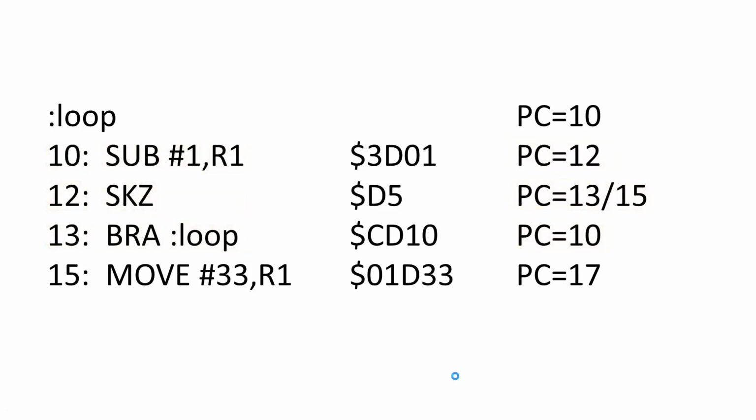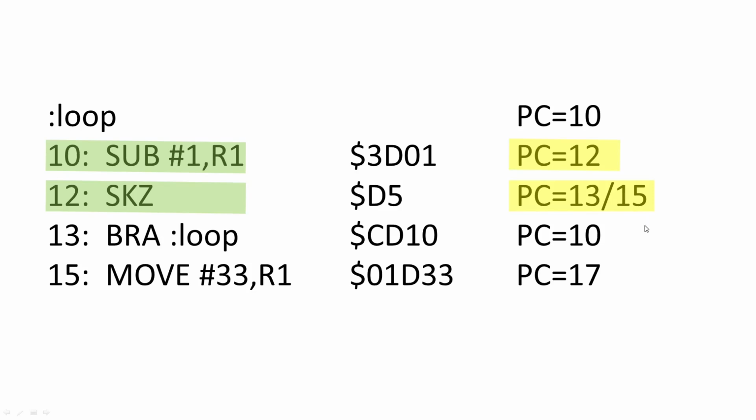So the second time we come round, we're doing the same again, but R1 only had 1 in it. So we're now subtracting 1 from 1. The program counter would have been looking at 12, so we do instruction number 12, or the instruction at memory address number 12, which is skip if 0. That will then add the 0 flag to the program counter. In this case, the 0 flag is on. So your 13 now becomes a 15.